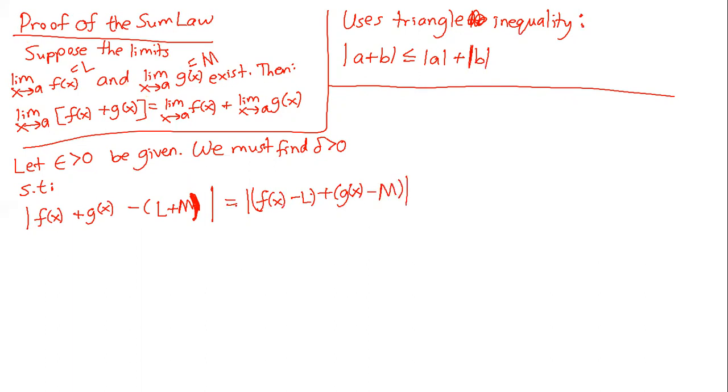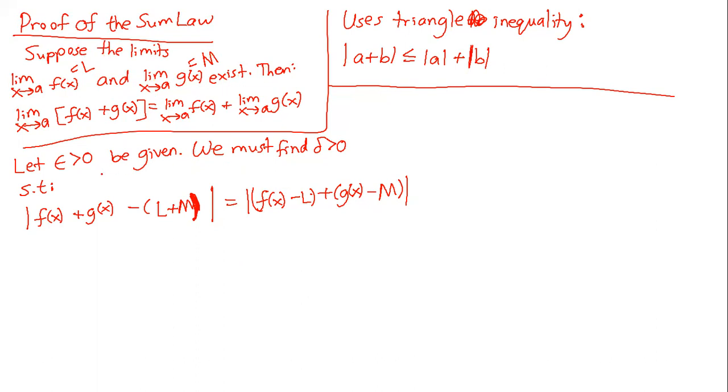Let's stop here for one second. So how did I know to write it this way? Well, I think it's good to think of it that you want your first step to be to write what you're trying to prove in mathematical terms. So it's saying, okay, suppose that this limit is L, this limit is M, then prove that the limit as x goes to a of f of x plus g of x equals the limit as x goes to a of f of x plus the limit as x goes to a of g of x.